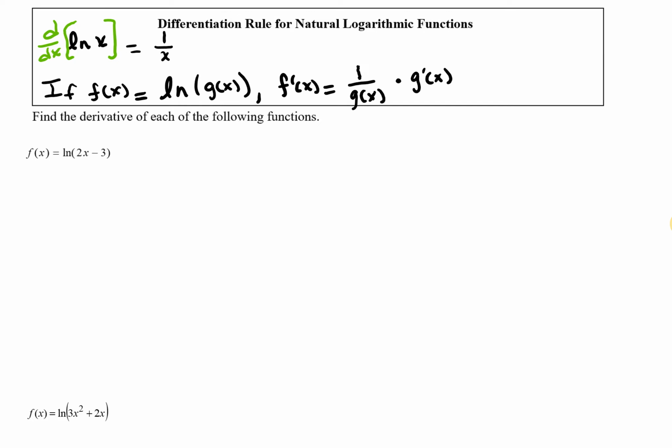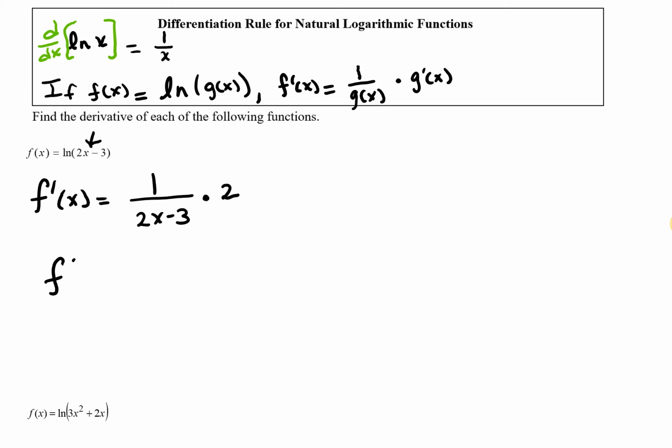So let's take a look at this one. We have f of x equals the natural log of 2x minus 3. To get started, we say f prime of x is 1 over the inside, so 1 over 2x minus 3, times the derivative of the inside. The derivative of 2x minus 3 is just 2.